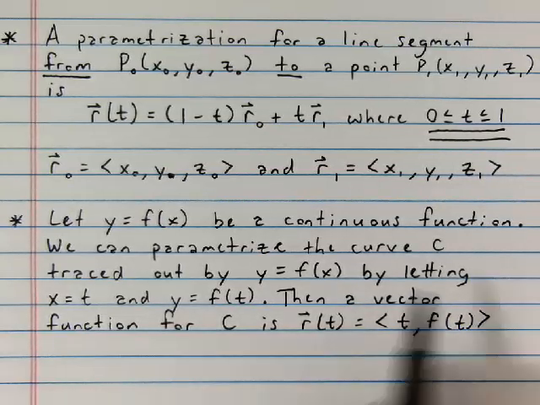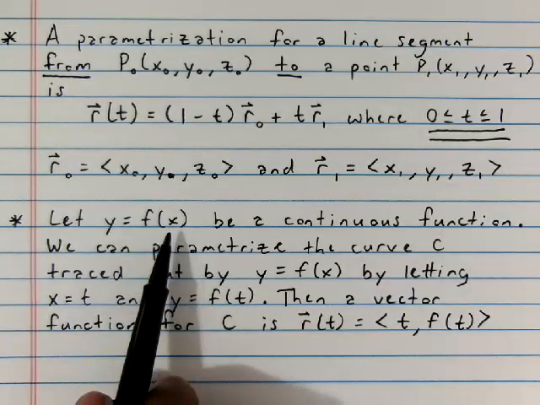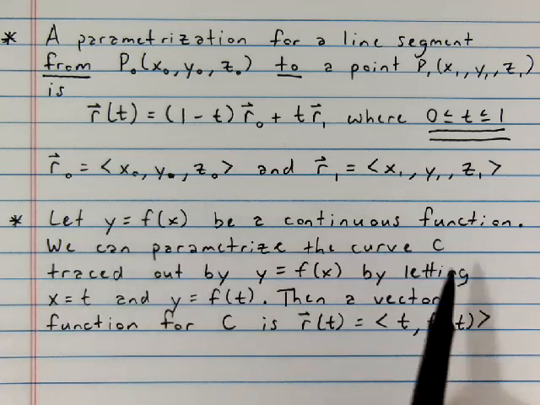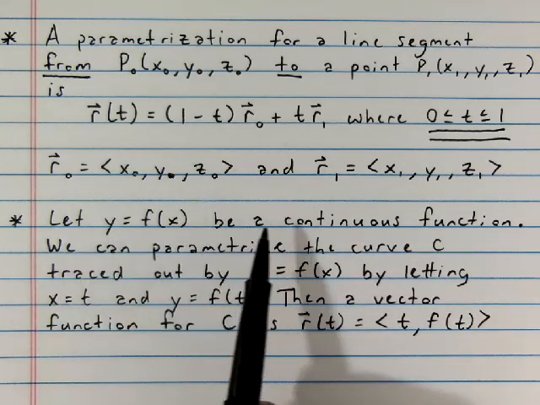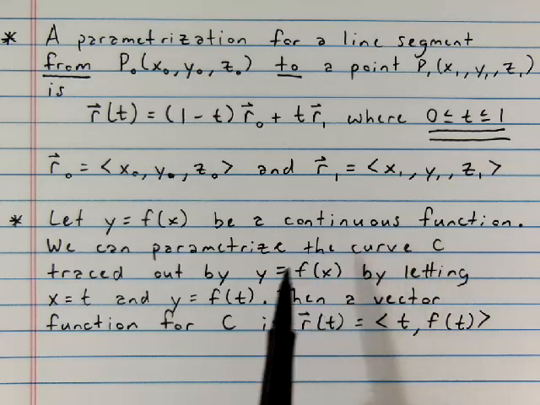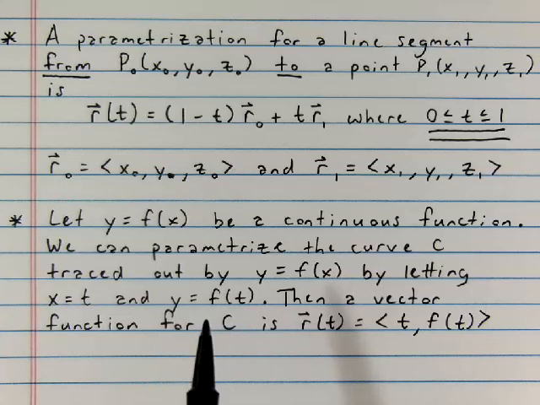Now, remember that we're in 2 dimensions here because we have a function of 1 variable. If we were in 3 dimensions, we'd have a function of 2 variables, and we're not talking about that here. We're just doing a function of 1 variable. We have done some parameterizations in 3 dimensions, but this right here only works for 2 dimensions. And we'll talk about some more parameterizations for stuff in 3 dimensions.